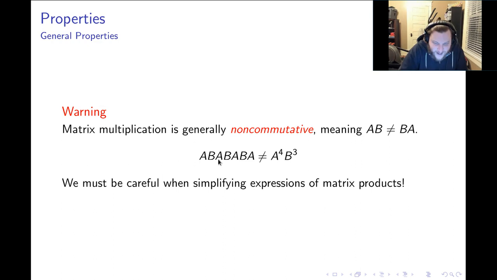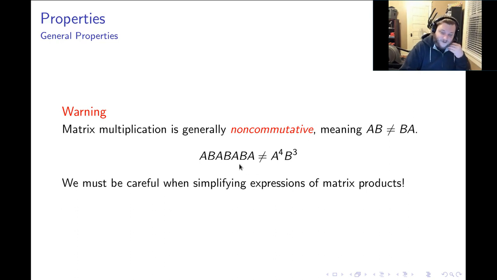I really have 1, 2, 3, 4 copies of A here, and 1, 2, 3 copies of B. So that should just be the same thing as A to the 4th power times B to the 3rd power. But the only reason you would be allowed to do that in the world of ordinary numbers is that it doesn't matter what order you multiply numbers in, you always get the same result.